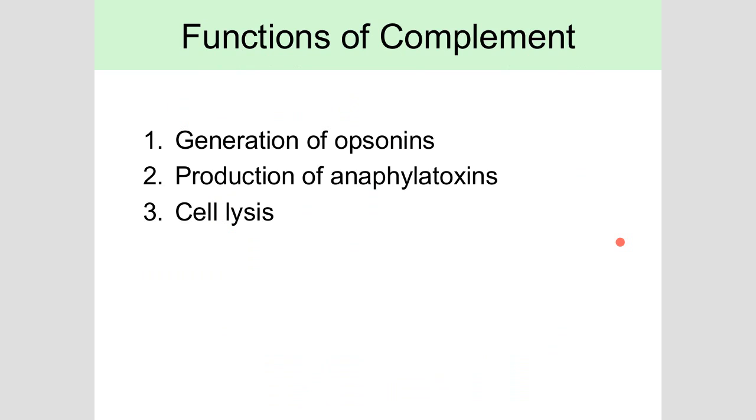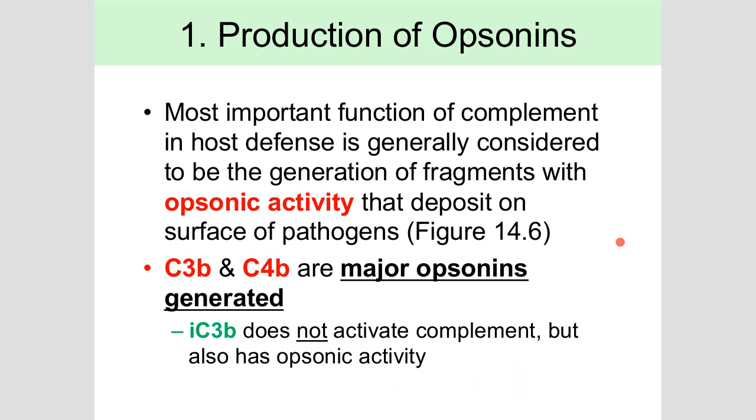So the functions of complement that we have talked about so far are generation of opsonin, production of anaphylatoxin, and cell lysis. Why do we need opsonin? Because if you don't have those opsonins like C3b and C4b, bacteria are slippery. They would never be phagocytosed, right?